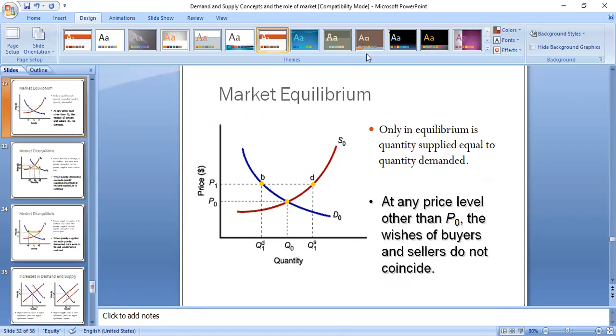So the way we are seeing this curve here, it is generating an equilibrium price, which is P naught. This is a point of intersection between the demand curve and the supply curve, and it is also generating a corresponding equilibrium quantity or equilibrium output, Q naught.